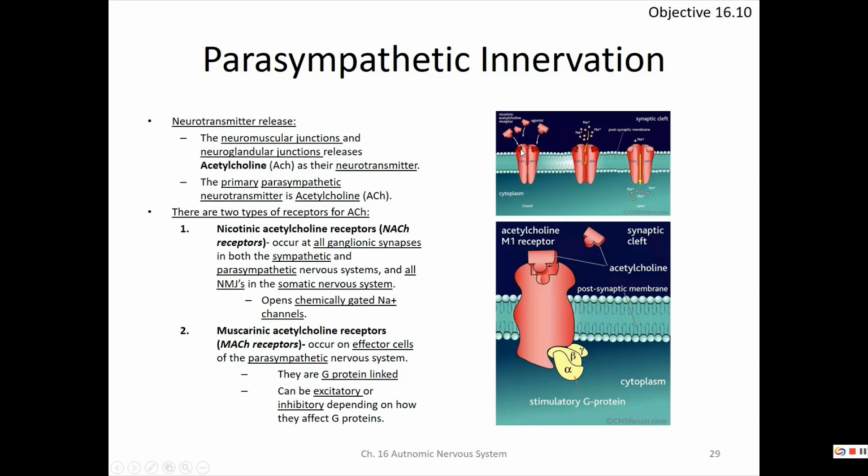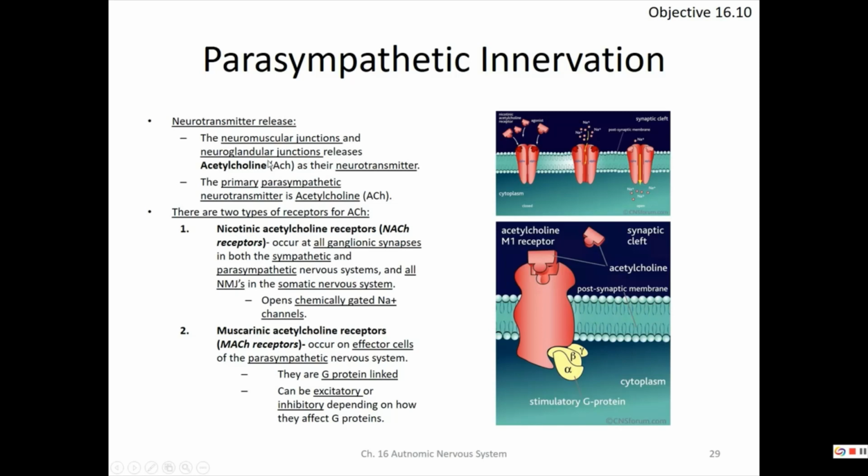Here we have nicotine, the agonist, or acetylcholine binds to the receptor protein, the binding site, and it acts as a protein channel that opens up channel gates that let sodium flow through. When it binds, it opens up and sodium can go through. That is referred to as a nicotinic acetylcholine receptor.